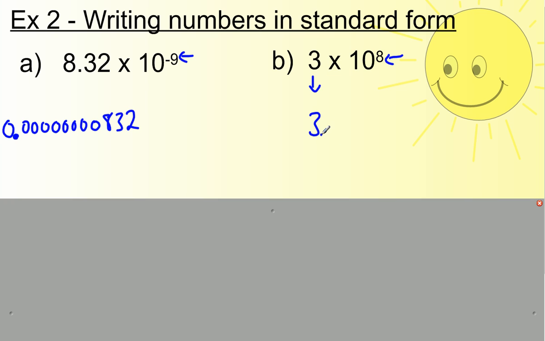So there's my decimal, 1, 2, 3, 4, 5, 6, 7, 8, 0, 0, 0, 0, 0, 0, 0, 0. Clean it up a little bit, start throwing some commas in there. So that gives me 300 million is my number in standard form.